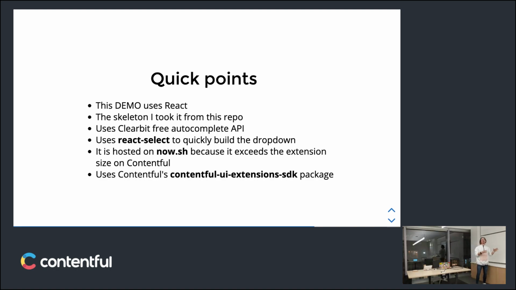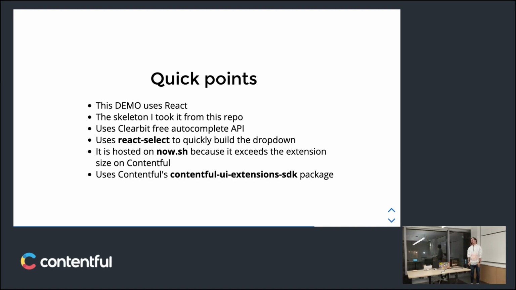Because Contentful has a limitation for your UI extensions, if they're small enough, they can be just uploaded the way that I did it with the CLI. But if they exceed a certain amount, 50 kilobytes, then you need to self-host it. And as you can imagine, a full React application is definitely not 50 kilobytes.